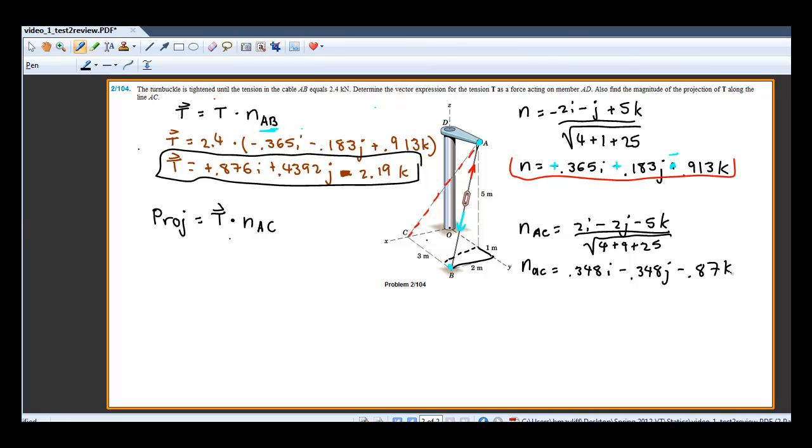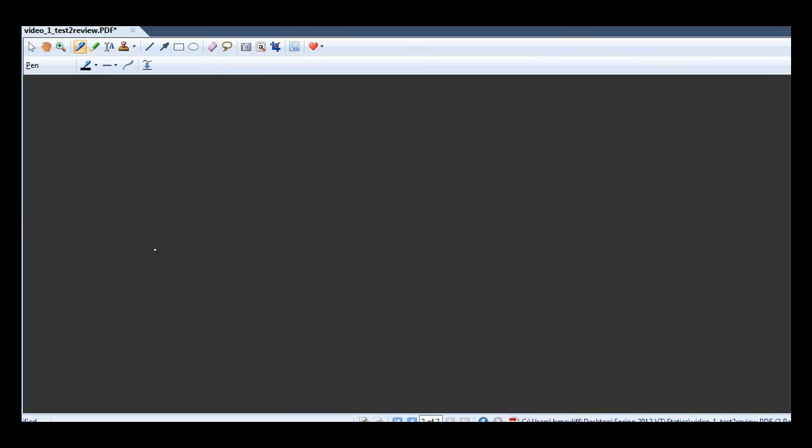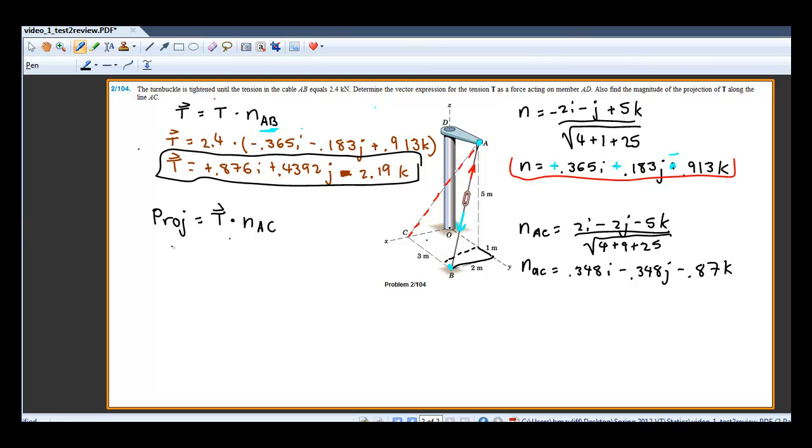And then we simply have to multiply it out. So the projection equals 0.876i plus 0.4392j minus 2.19k, and that's dotted with 0.348i minus 0.348j minus 0.87k.